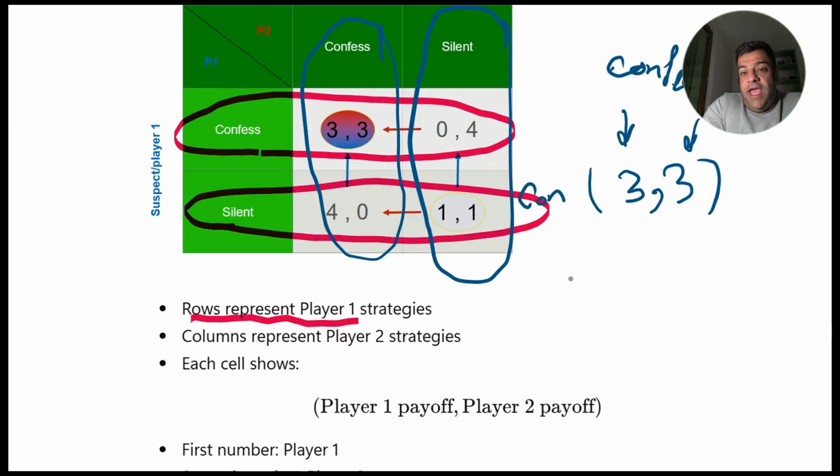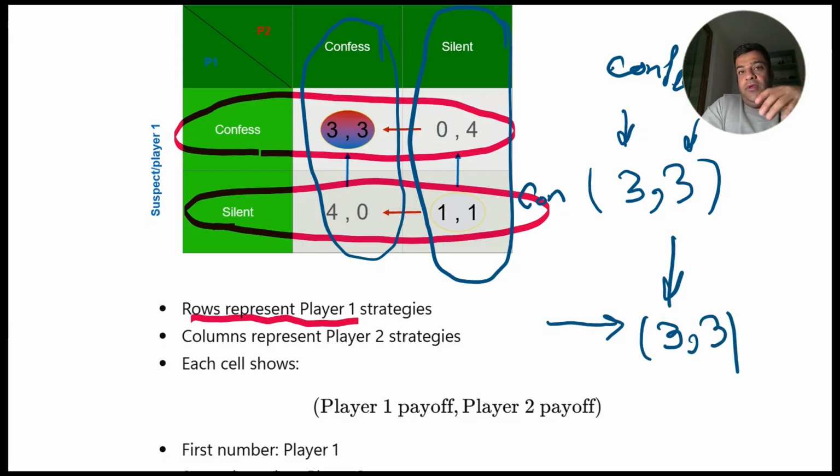What's the meaning of that? If both players confess at the same time, their outcome is 3 and 3. If you know the prisoner's dilemma question, they are 2 people arrested by the police, in separate rooms, and after speaking with the police, they have no trust in the person in front of them.